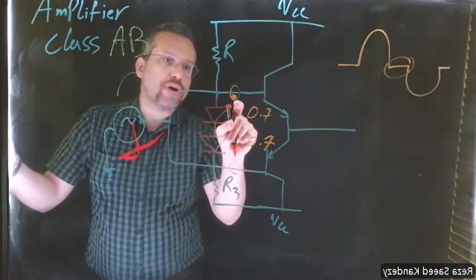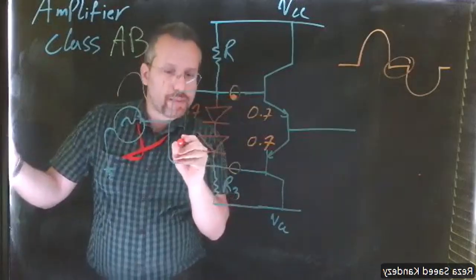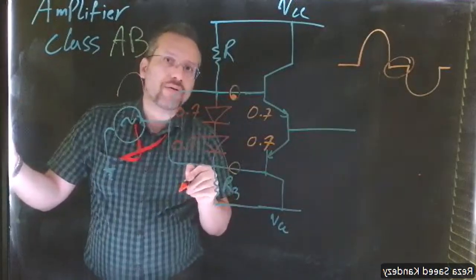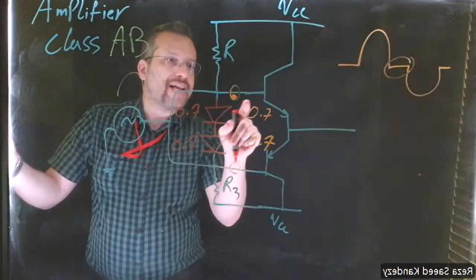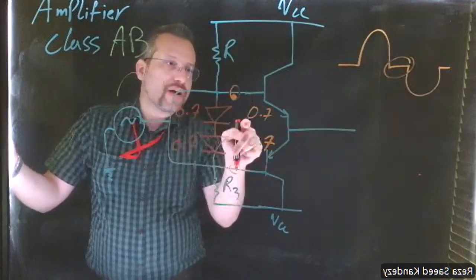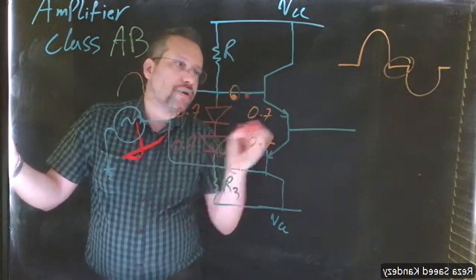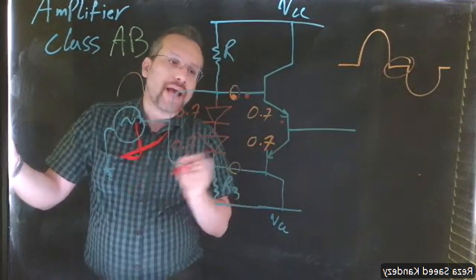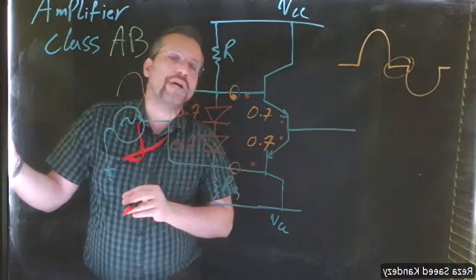The voltage across a silicon diode is always around 0.7. So this basically adds plus 0.7 in a positive half cycle to the base-emitter voltage here, and minus 0.7 to the base-emitter voltage here.